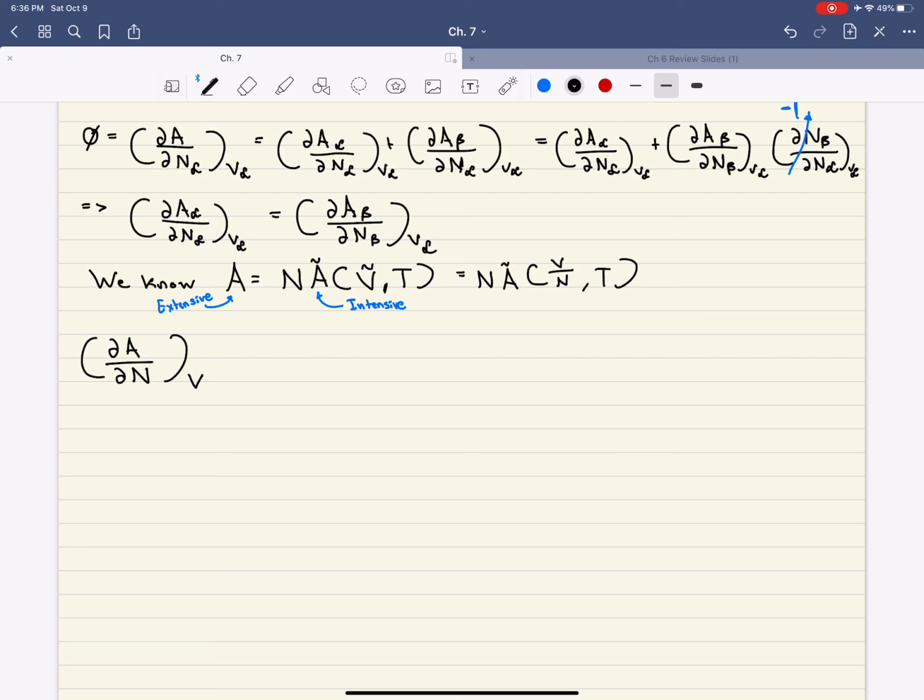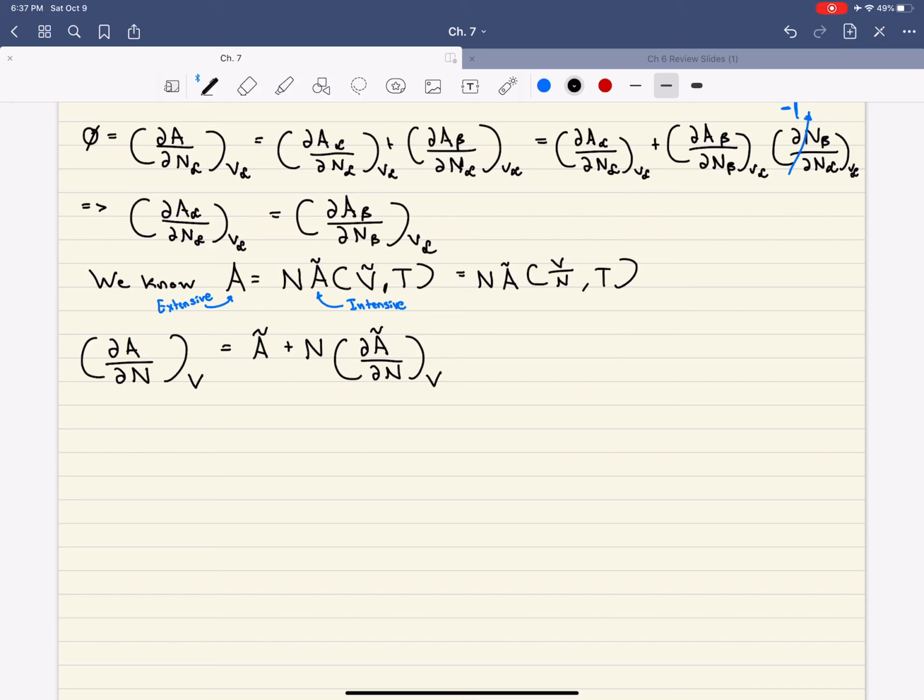And so what we do is we first take the derivative of N and then multiply by A squiggly. And the derivative of N with respect to N is just 1, so we get A squiggly. Then we take the derivative of A squiggly and multiply it by N, at constant V.